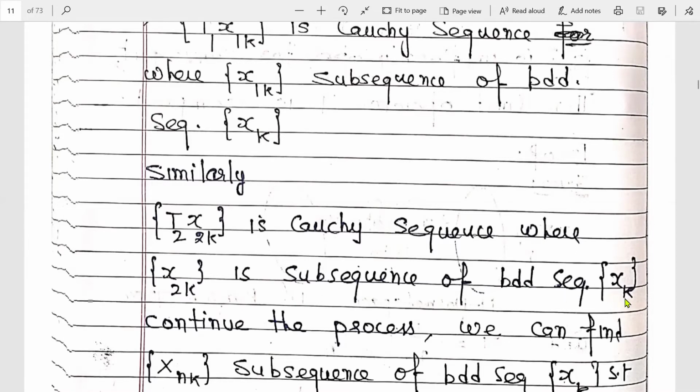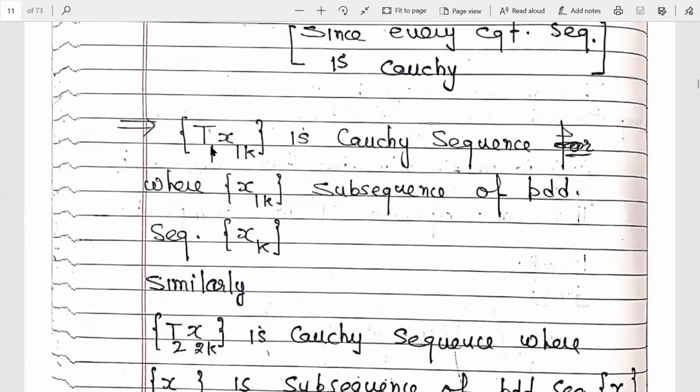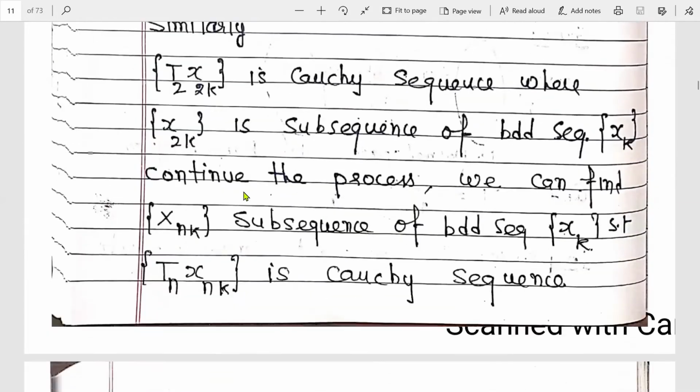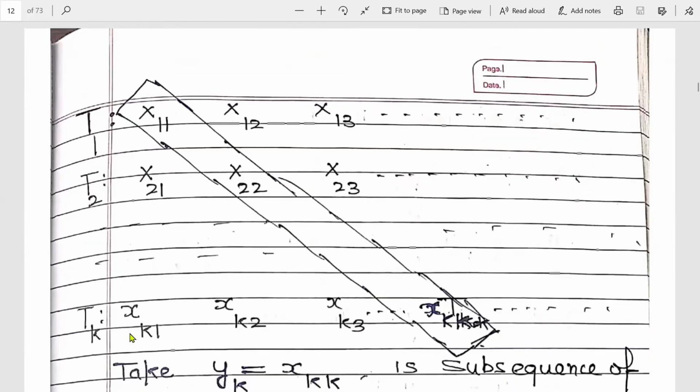Continue the process. If T1x1k, then T2x2k, similarly Tnxnk is a Cauchy sequence, where xnk is a subsequence of the bounded sequence xk. So this is the first subsequence of xk, this is the second subsequence of xk, this is the kth subsequence of xk.